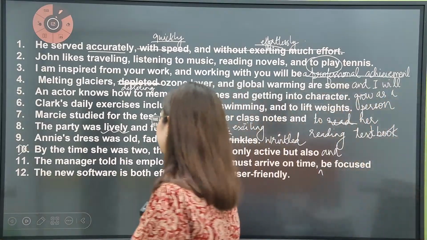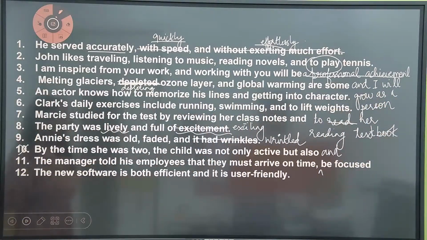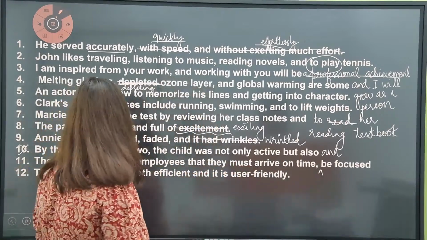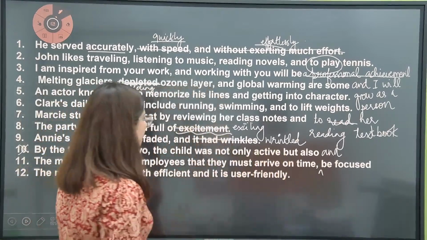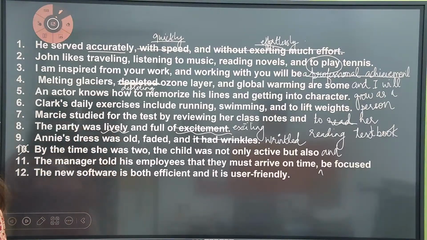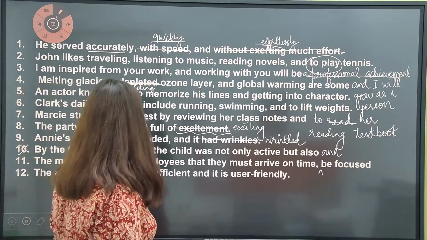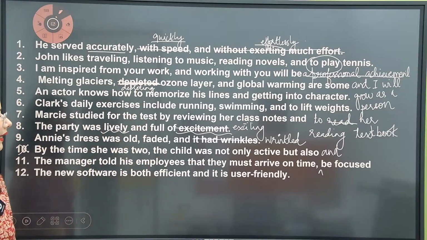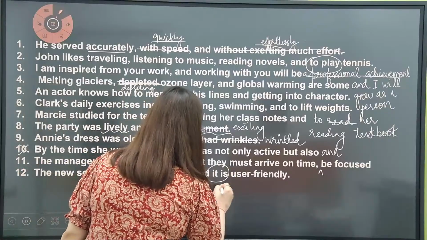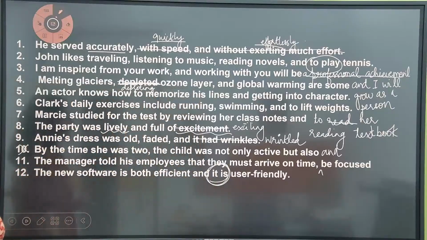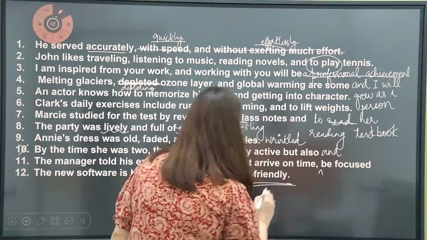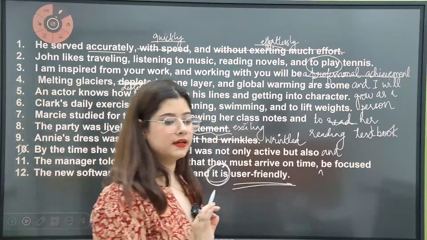So I could say the manager told his employees to be punctual and focused. Next, the new software is both efficient and it is user friendly. I do not need to add it is. The new software is both efficient and user friendly is correct.